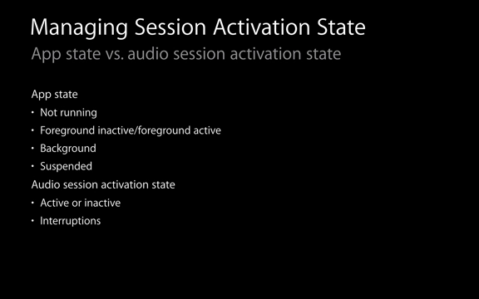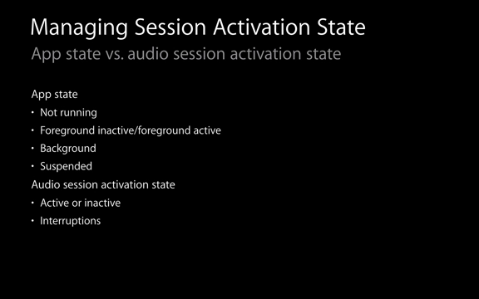All right, so let's dive into talking about managing your session's activation state. So there's your application state, and then there's your audio session state, and they're separate things. They're managed independently of each other. So if you've been doing development for iOS, you're probably familiar with app states. So this is whether your app is running or not, whether it's in the foreground or the background, if it's been suspended.